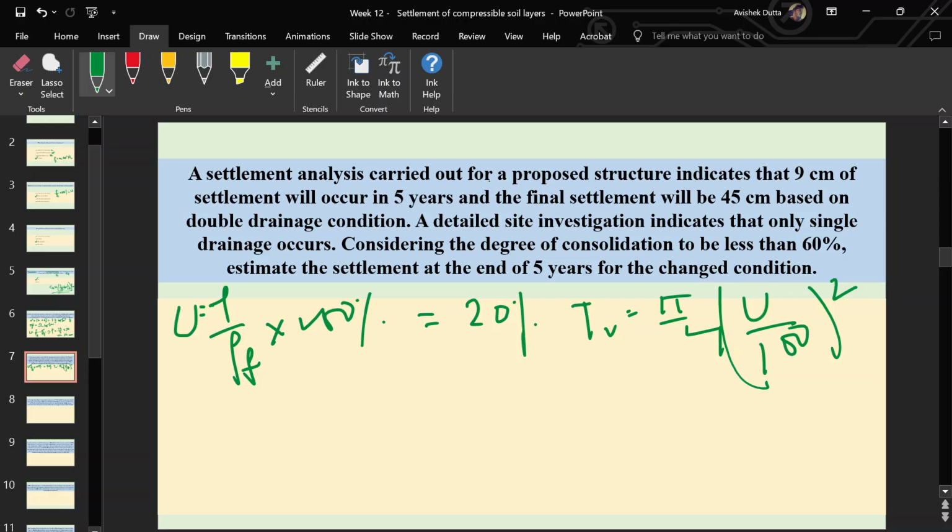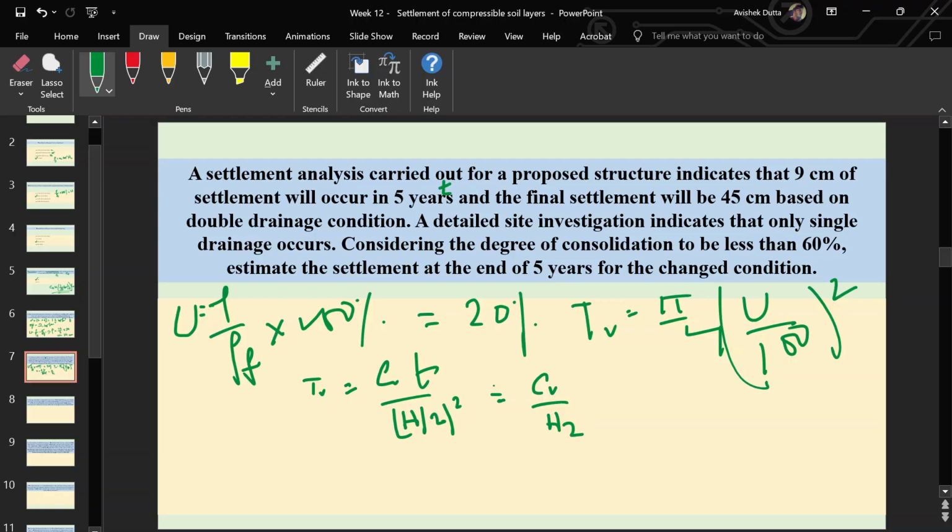Time is given as 5 years. This is the time T. Now, TV equals CVT by D square. Here, at first we are considering double drainage, so initially it is (H by 2) whole square. From here, you calculate the value of CV by H square.